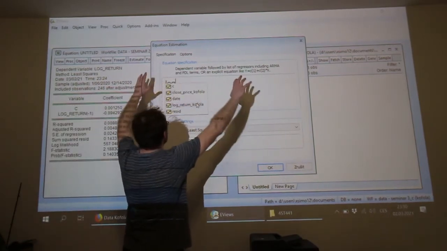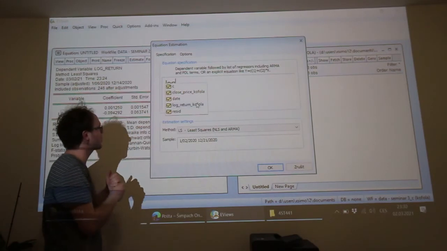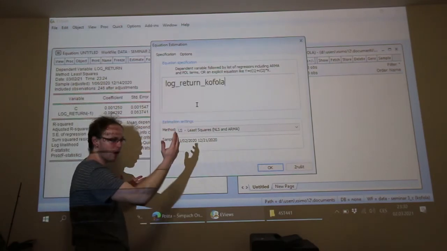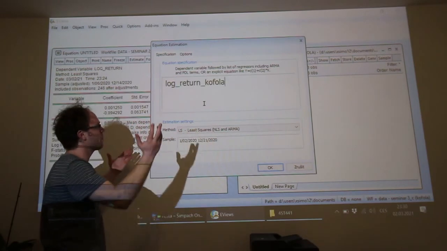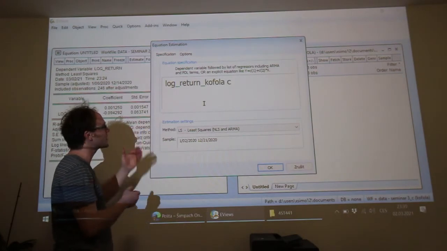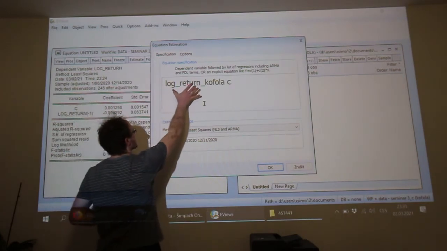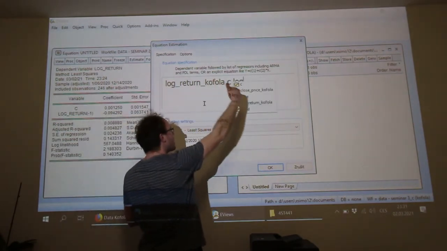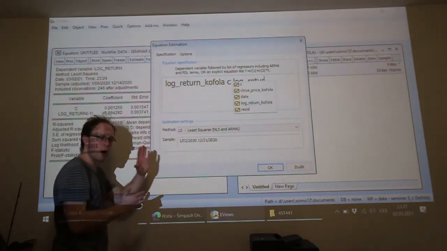And here in this equation specification we will use the dependent variable log return Kofola, that's the name. We will write C like constant, and we will use this dependent variable like an independent variable, but in time t minus 1.